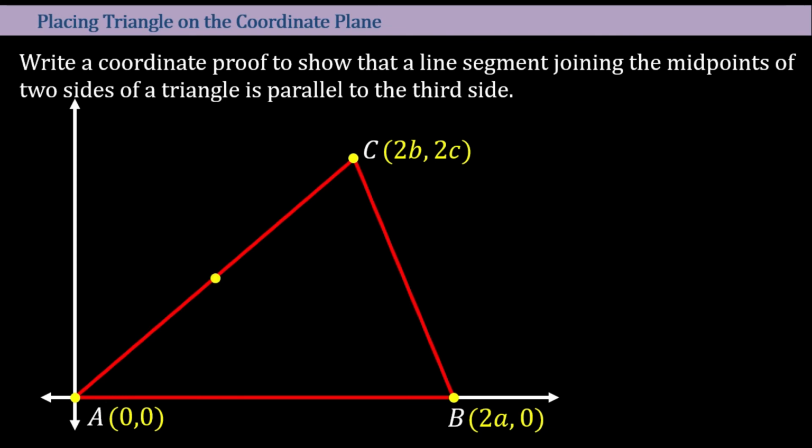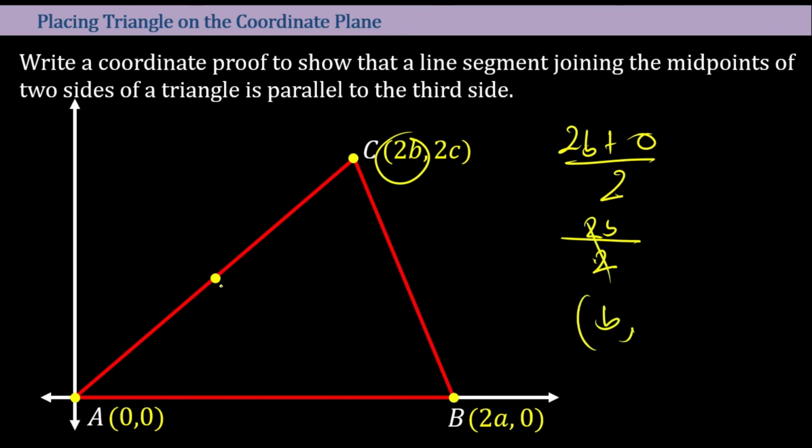So let's get the midpoint of this one. What is the coordinate of this one? To get this, we'll be using this point and this point. The midpoint is 2b plus 0 divided by 2. That is 2b over 2, and that is b.